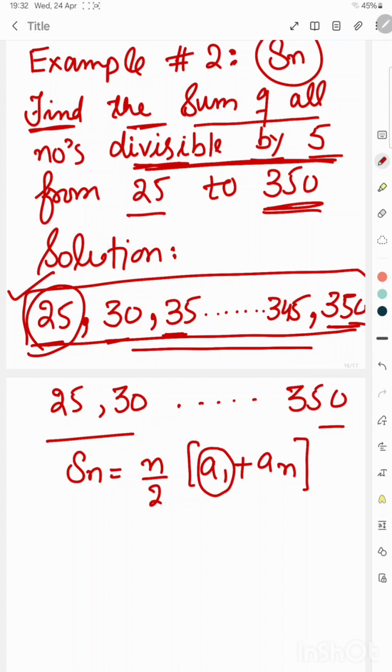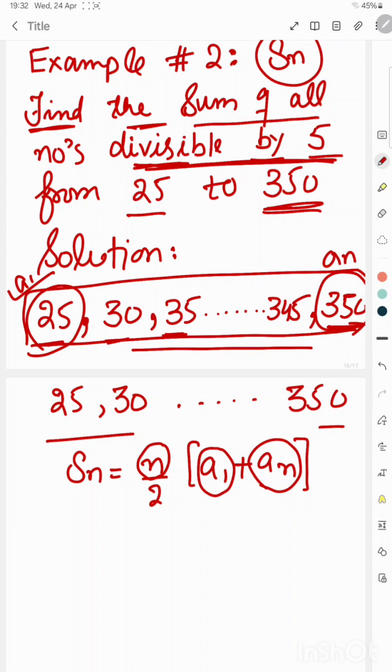As you can see from the sequence, the first term is 25, and the last term, an, is equal to 350. So the last term is also given. But what is not given to us is n, we don't know n. So first of all we will find the value of n.